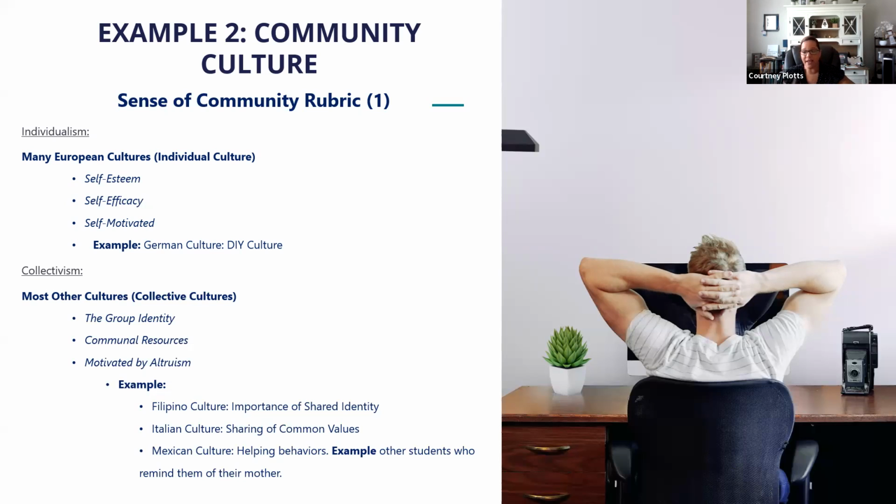So maybe you feel like, hey, everyone's working really great this week, but maybe the students are like, no, I feel like we're totally separated because of what happened over the weekend in Flint, Michigan, right? So it helps you support your students. And when you look at the research, a lot of it is in that Eurocentric lens of self-esteem, self-efficacy, self-motivation, where a lot of collective groups need more than that.